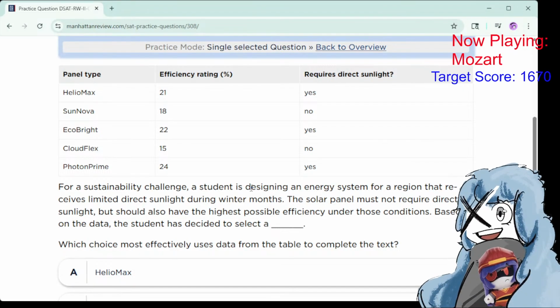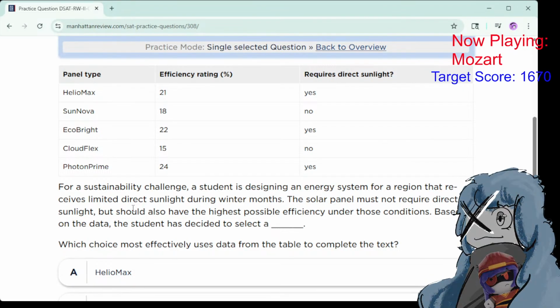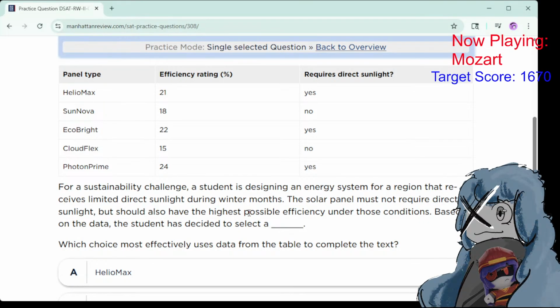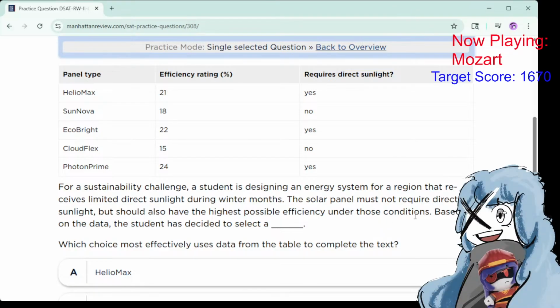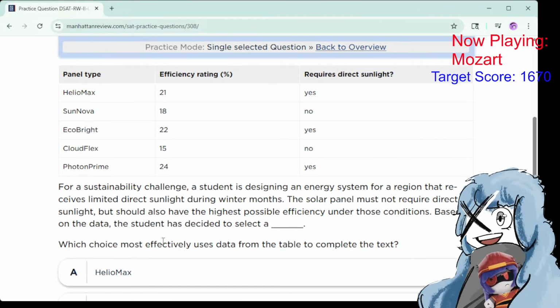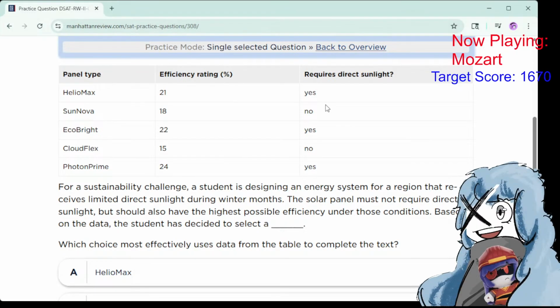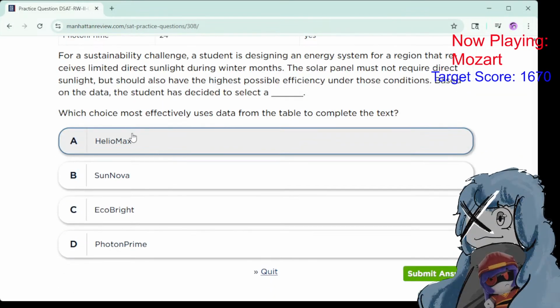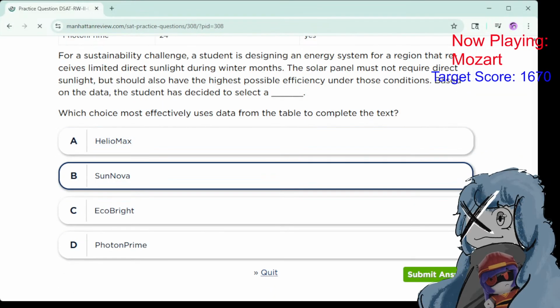The solar panel must not require direct sunlight, but also should have the highest possible efficiency under those conditions. Based on that, we should select the one whose efficiency rate requires no sunlight. We use Sunova. Too easy.